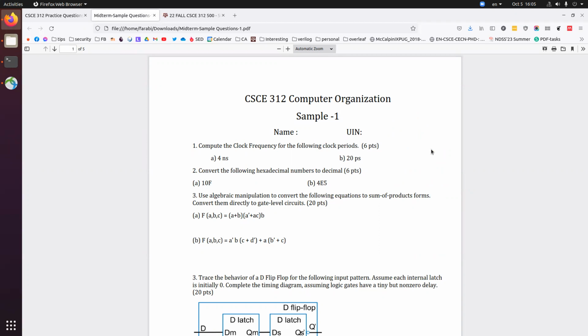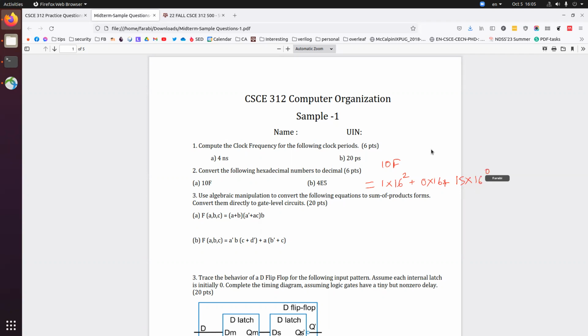Convert the following hexadecimal number to decimal. Very simple: we take the digits and multiply them by the value of their position. For example, for this number, 1 times 16 squared plus 0 times 16 to the power 1, that is 16, and then F, or 15, times 16 to the power 0, that is 1.